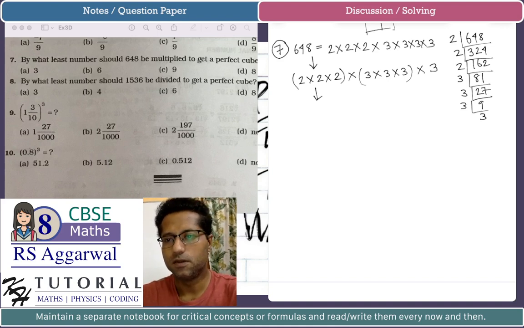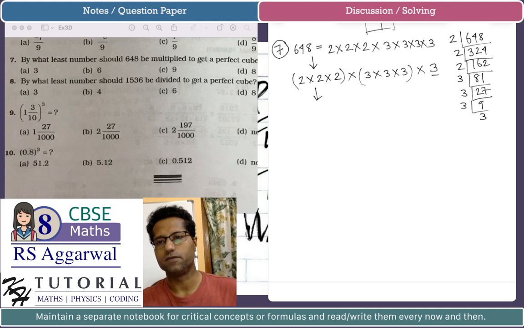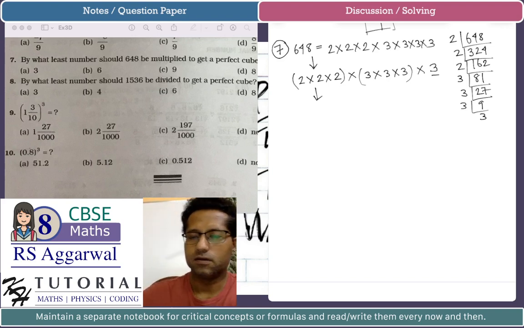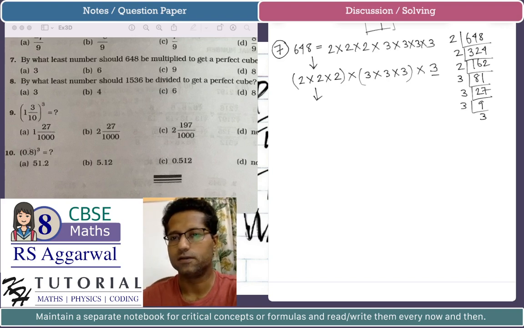In this example, this factor 3 is not part of any triplet. We will merge all the equal factors which are not part of any triplet, so that they have some power.